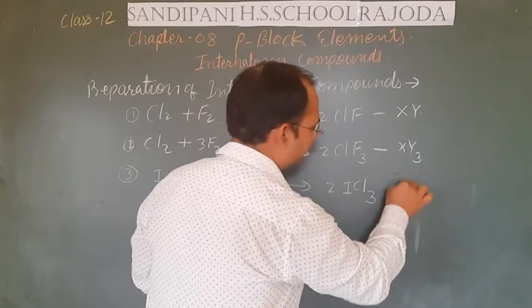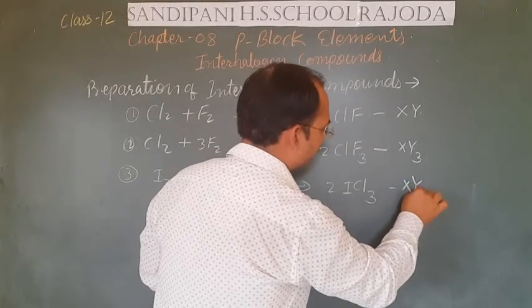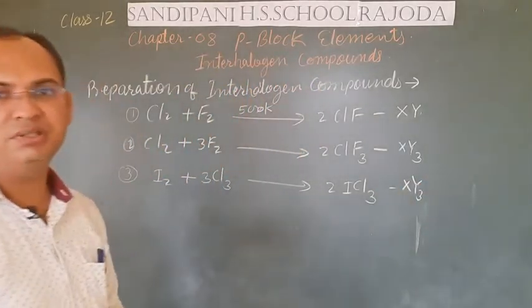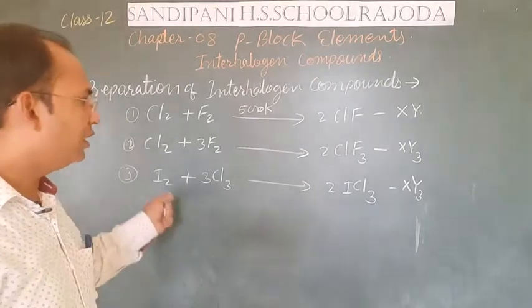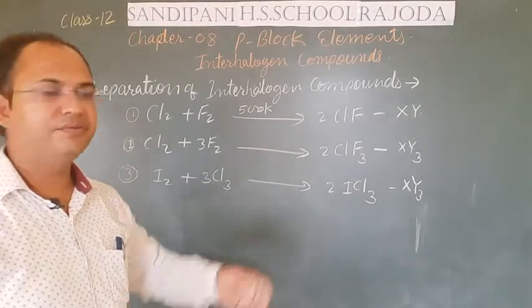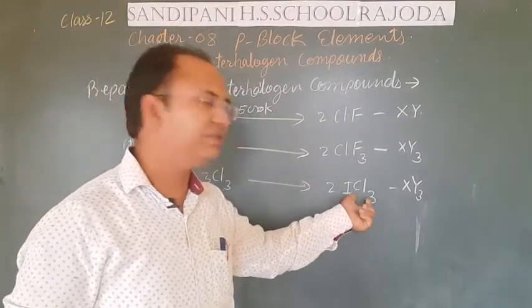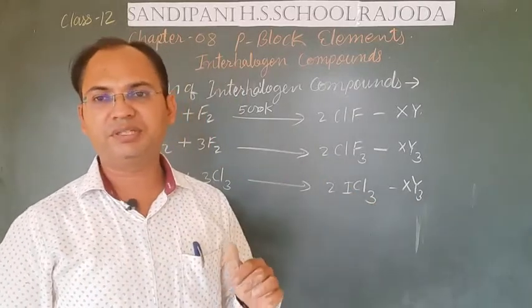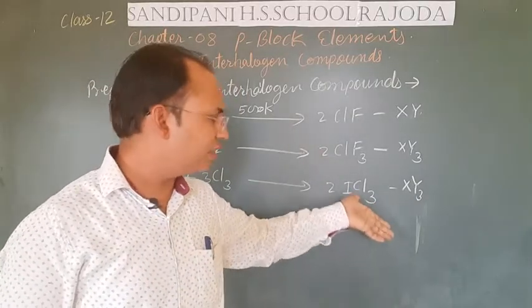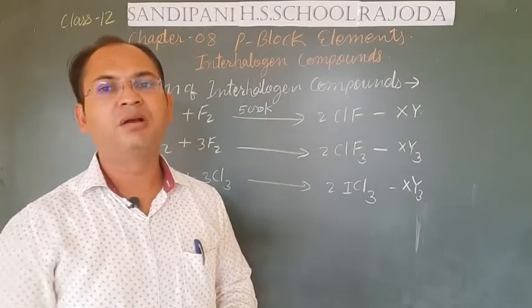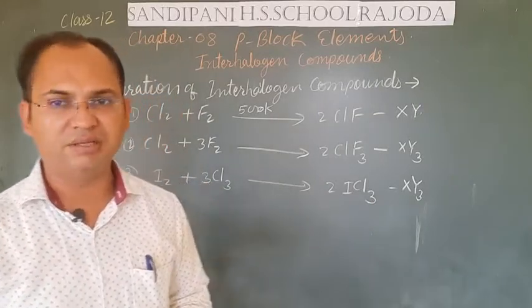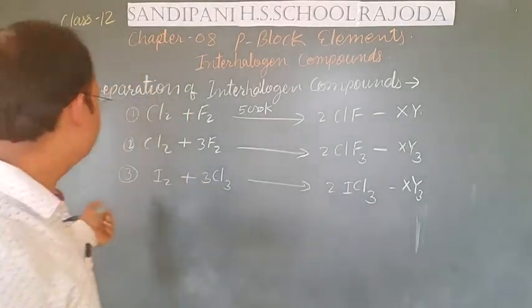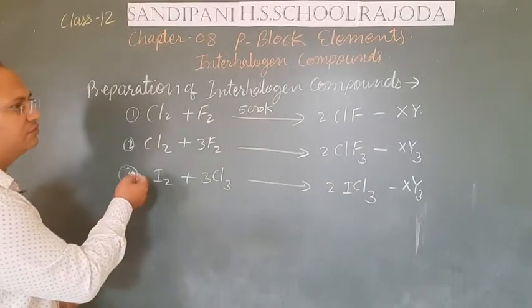This is also XY3 type of interhalogen compounds. Remember students, we always first write the element which has the less electronegativity, and then after the element with the more electronegativity value.